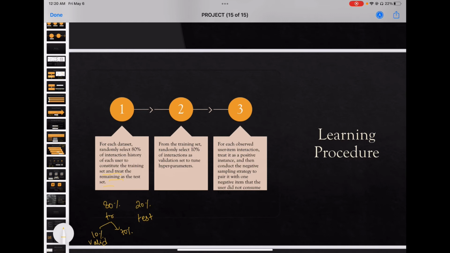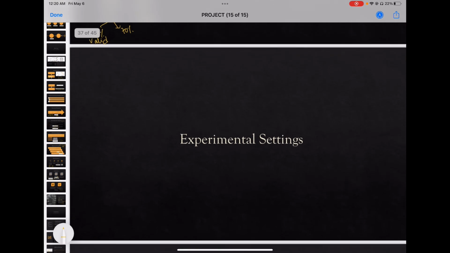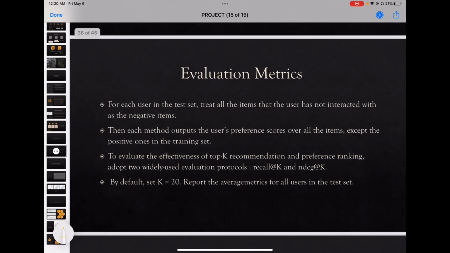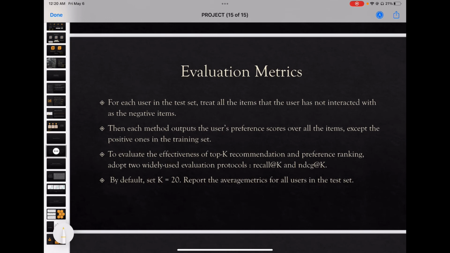Now, the next thing we see are the experimental settings. In experimental settings, evaluation metrics are the first topic that is covered. For each user in the test set, treat all the items that the user has not interacted with as negative items.